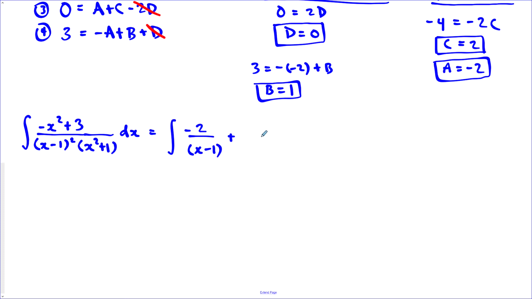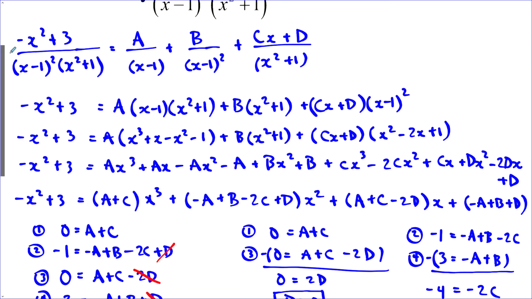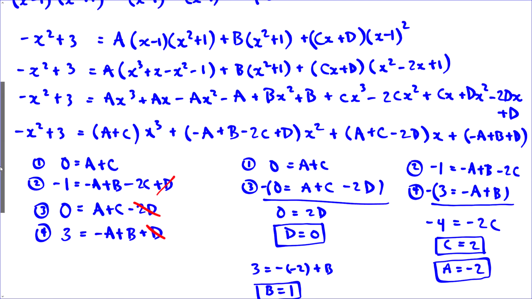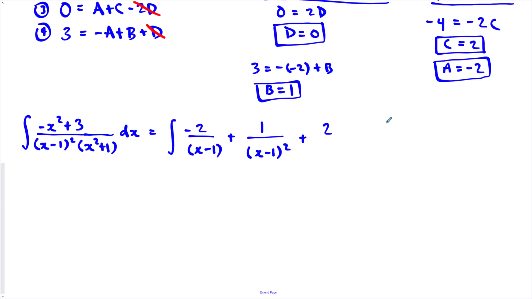Next we had b is 1. So there was one of these, (x minus 1) squared. And last was the c and d term. So this one was 2x. Yeah, the c went with the x and the d was the constant. So d is 0. So it's just 2x over x² plus 1.